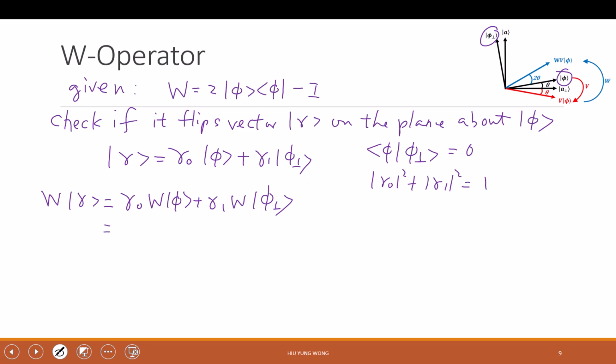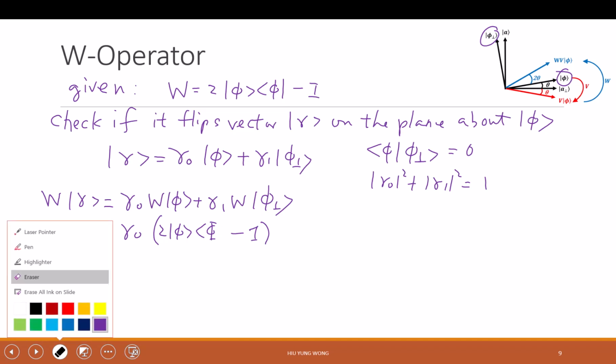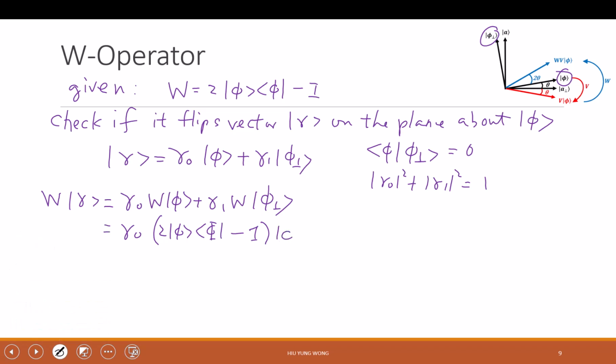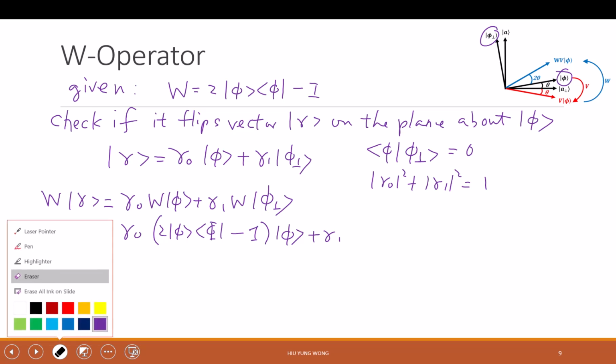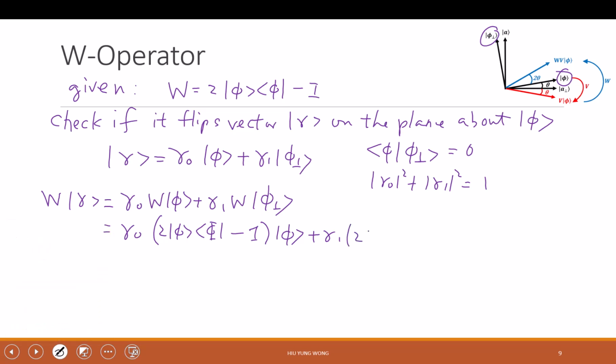So let's just plug in. For gamma 0, I say W is 2 phi outer product phi minus 1, times phi. And then for gamma 1, I need to plug in W, 2 phi outer product phi minus 1, times phi perpendicular.